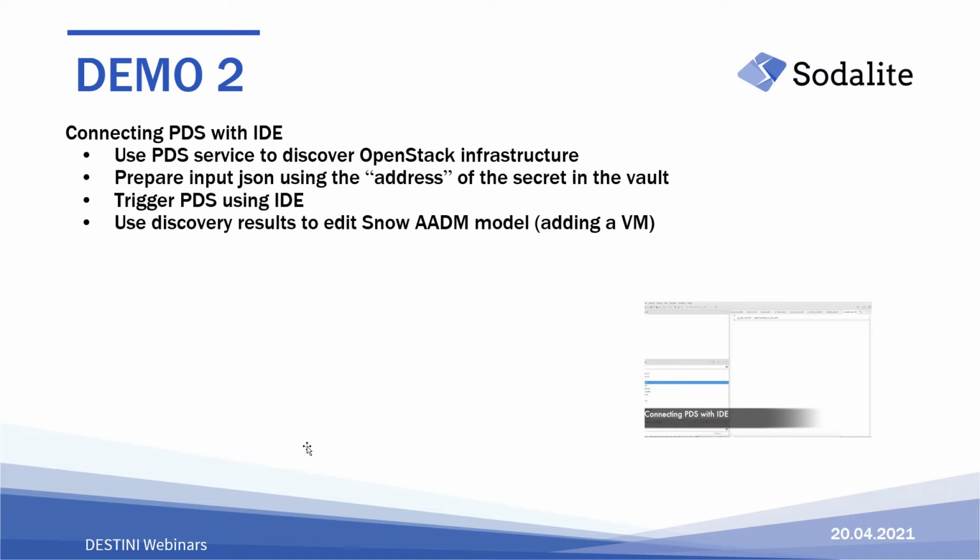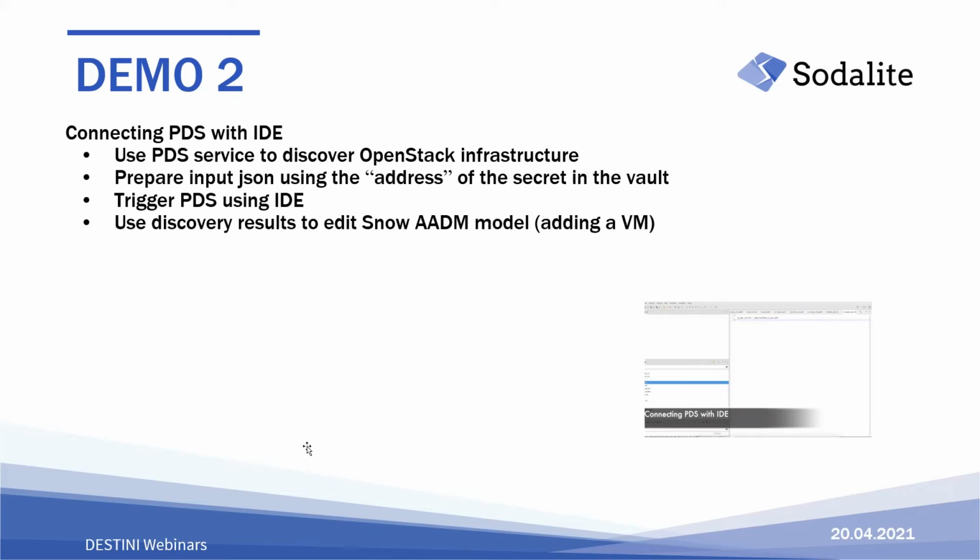In this demo, as I mentioned earlier, we use a platform discovery service to discover the resources. In this case, OpenStack virtual machines in the test bed. Platform discovery service can automatically extract the information from this infrastructure, for example, the number of virtual machines and their configuration, and it can then populate the knowledge base with that information.